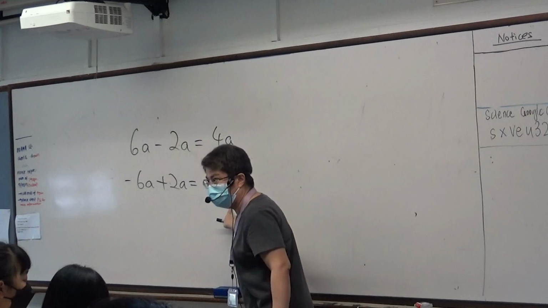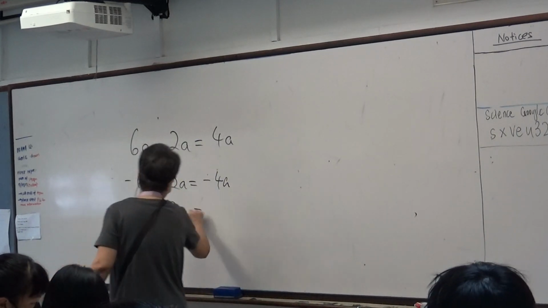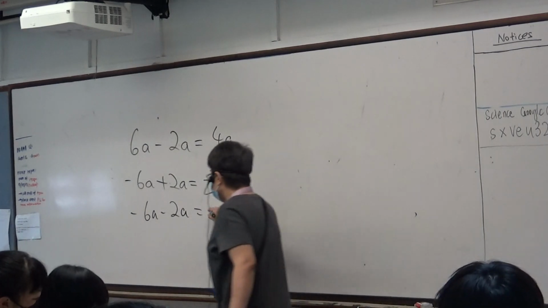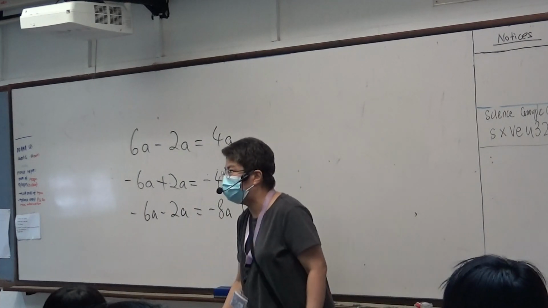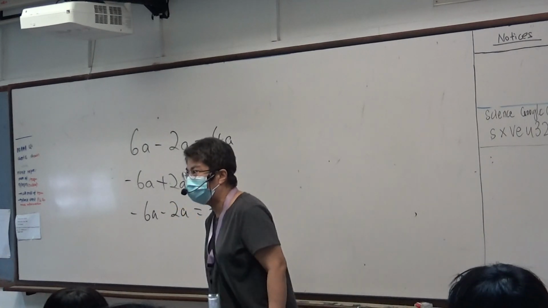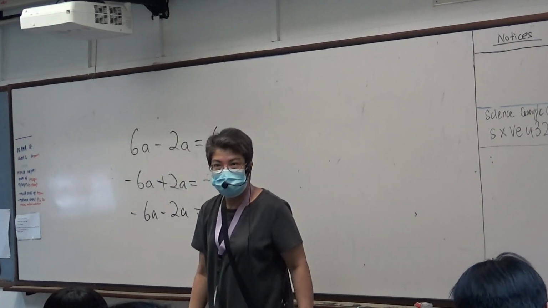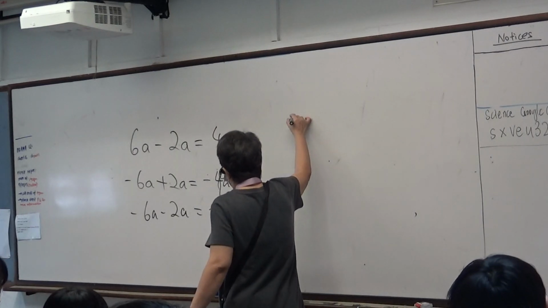That's how you think about it. Negative 6a minus 2a. Negative 8a, right? Why? You owe people 6 apples, then you owe him another 2 apples. Altogether, you owe him 8. Everybody understand? It's just the same as numbers.